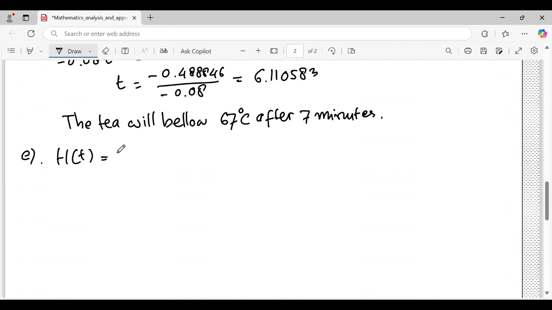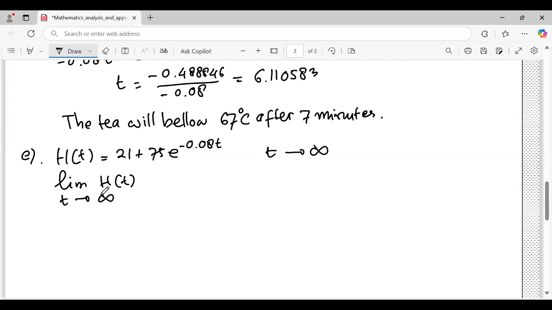h(t) equals 21 plus 75 e power minus 0.08t. According to the equation, t approaches infinity. So we can write it like this: limit of h(t) as t approaches infinity. It is 21 plus 75 e power minus 0.08t.